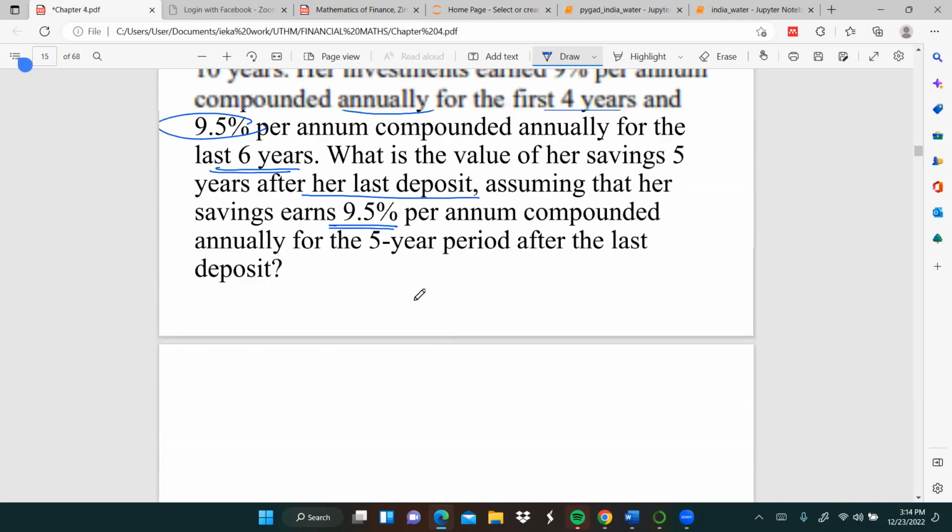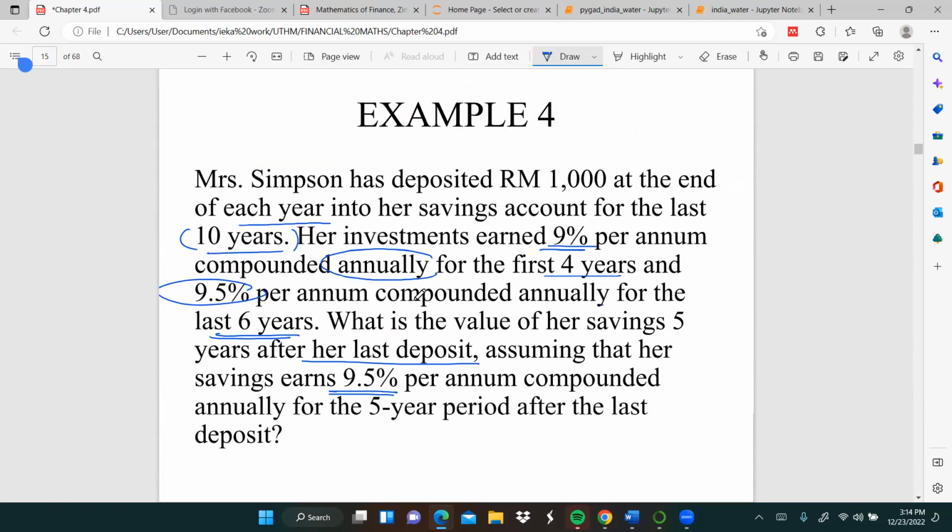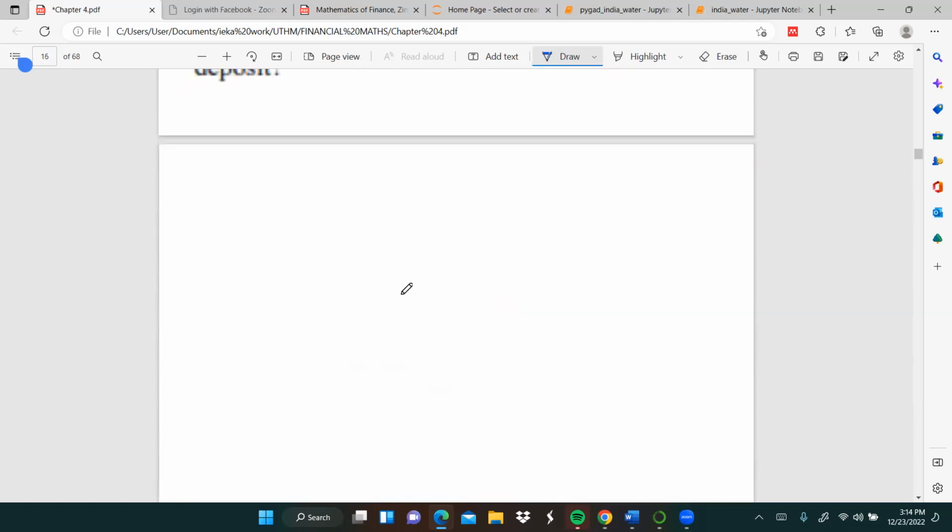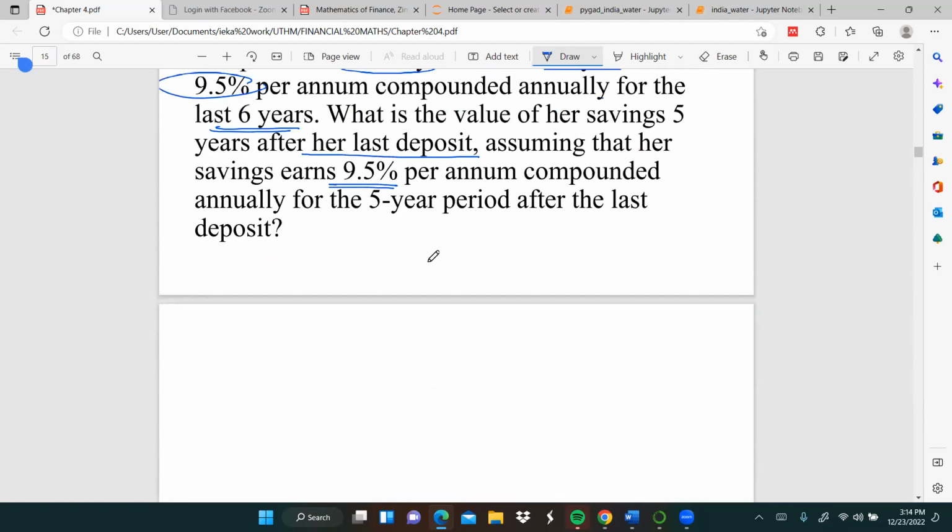Okay, so in this case, awak kena cari the accumulated value untuk yang 4 tahun pertama, and then perlu cari accumulated value untuk yang 6 tahun yang seterusnya dan 5 tahun selepas itu.